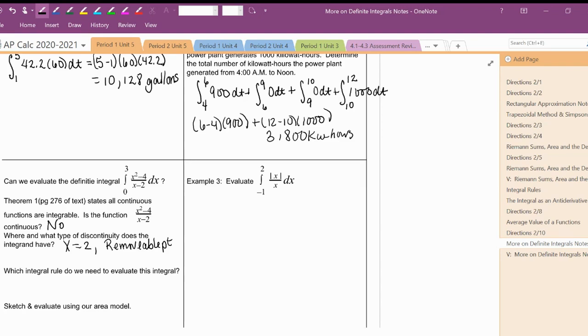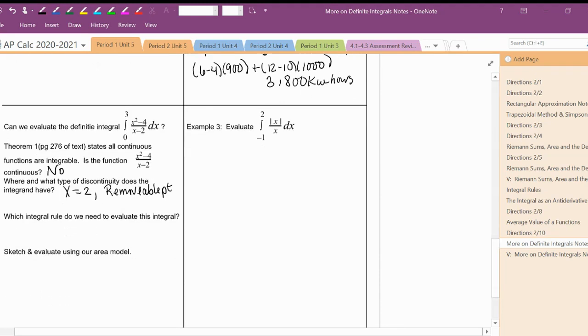And the rule that we need to use is the Starbucks rule, the one we learned or used in the previous example. I'm going to integrate from a to b of f of x dx, and then from b to c of f of x dx, and that will get me the total amount from a to c of f of x dx.